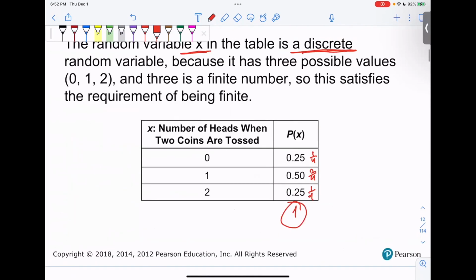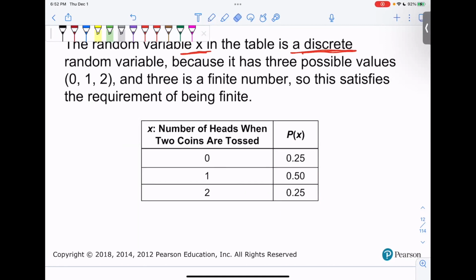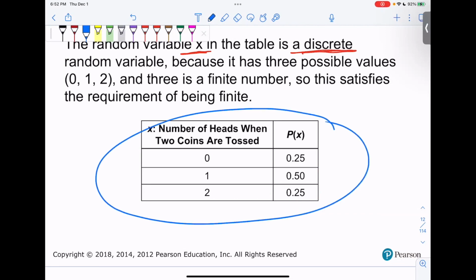Okay, so now this is the first one, which is a table, right? We did say the probability distribution could be a table. If you remember when we did frequency distribution, it is exactly the same, the relative frequency distribution table, okay?